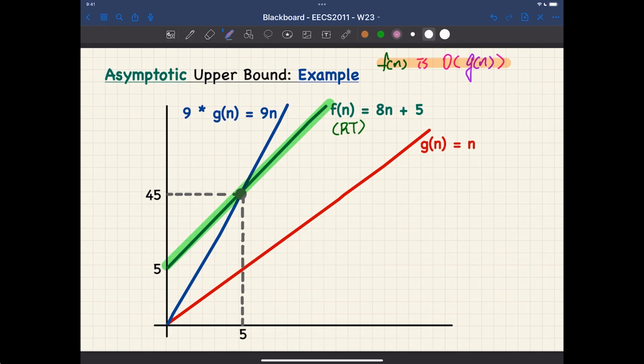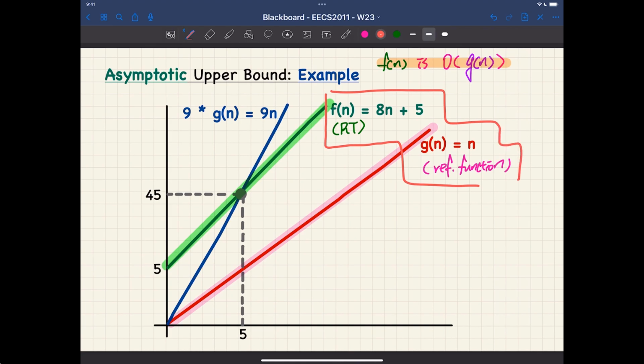And also this guy here, which is the original reference function without any manipulation by c. This is the reference function. What you need to conclude from this diagram is, if you look at just these two, the conclusion is f of n is never upper bounded by g of n.